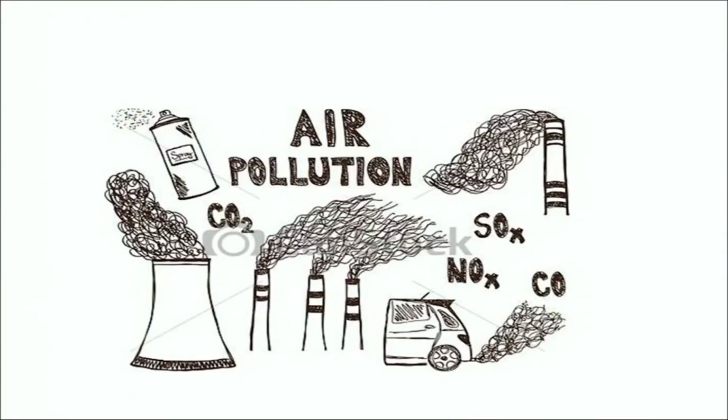The regulations or standards of these pollutants are based on criteria related to health or environmental effects. The 6 criteria air pollutants in outdoor air or ambient air are carbon dioxide, lead, nitrogen dioxide, ozone, sulfur dioxide and suspended particles as shown in this figure.